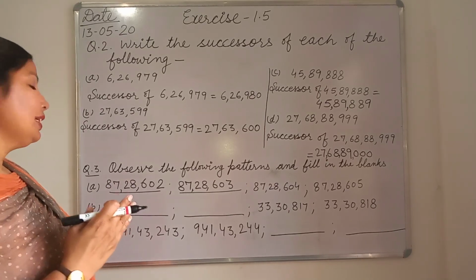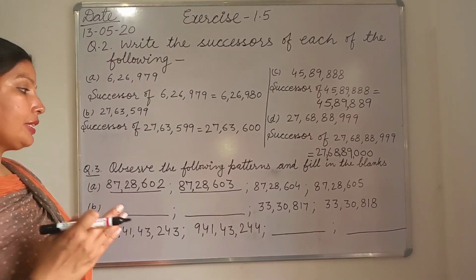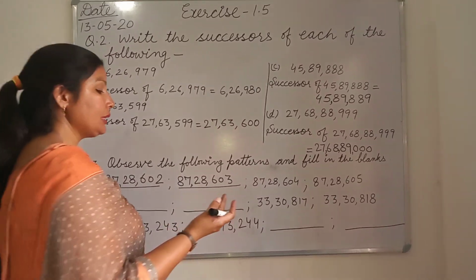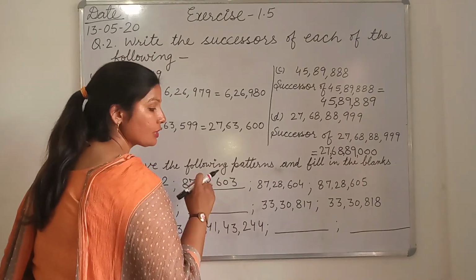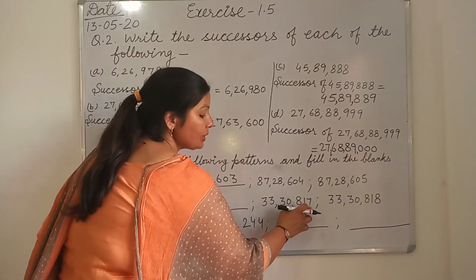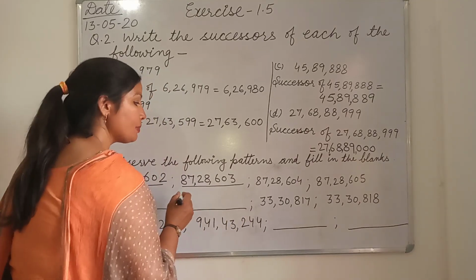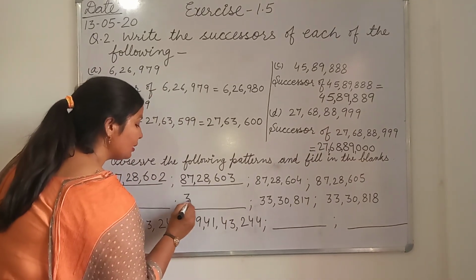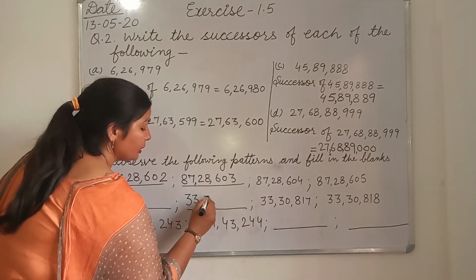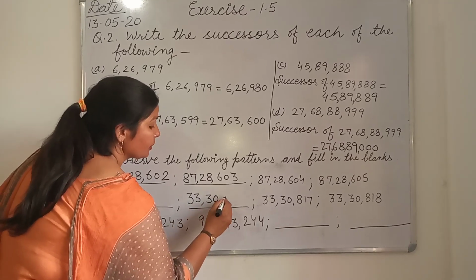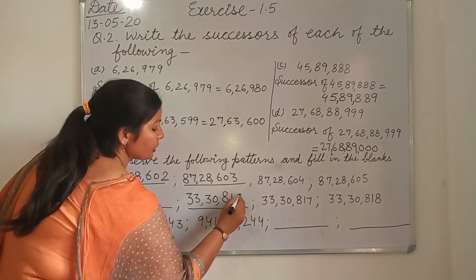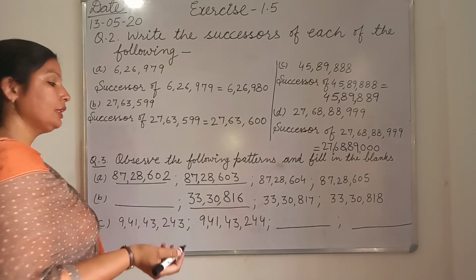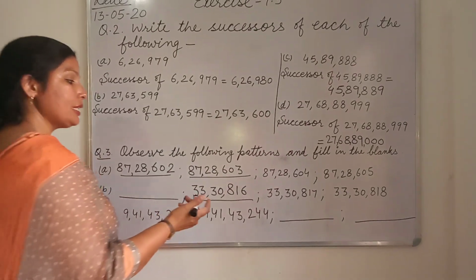The same as the A part. There is also a difference of 1. That means before it we are doing minus 1. So 7 minus 1, 6. So the answer becomes 33 lakhs 30,816. Okay. Again for that we will do minus 1.